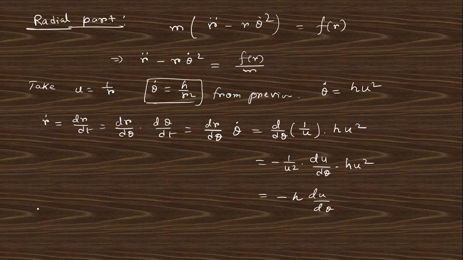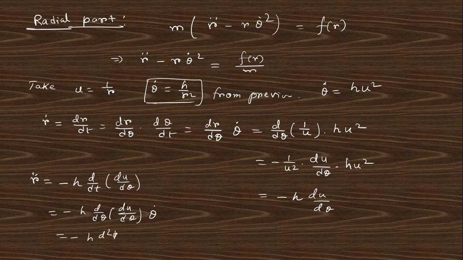Now if you take r double dot, then we will get minus h, as h is constant, times d by dt of du d theta. If you change this into d by d theta of du d theta, and put in theta dot, we get minus h d2u d theta square, and theta dot is again h u square.